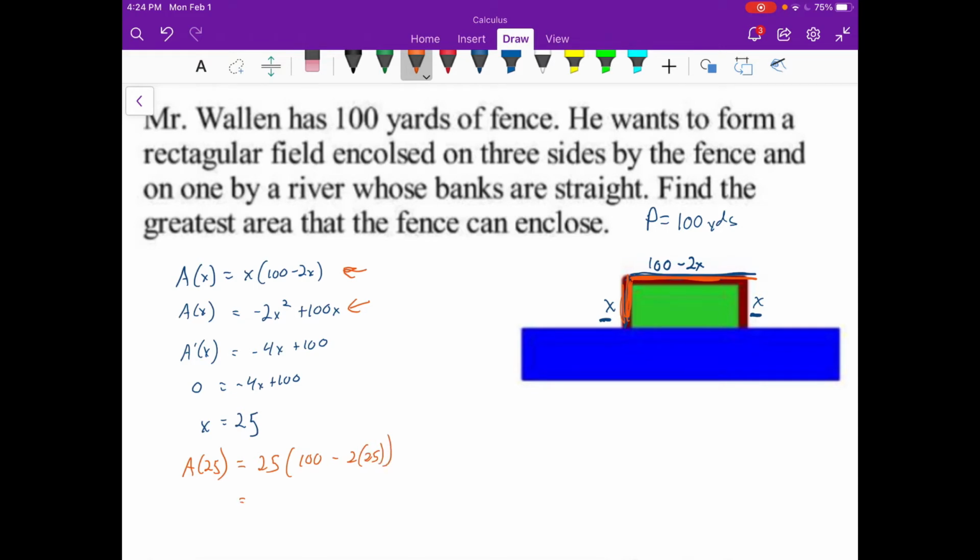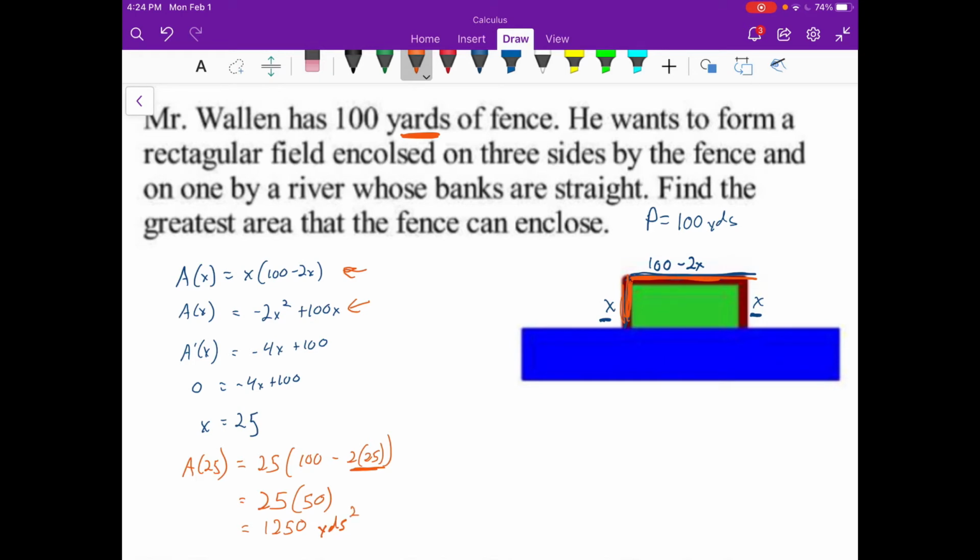Well, this is 25. This is 50. 100 minus 50 is 50. And then 25 times 50 is 1,250. And this was in yards, so the area is 1,250 yards squared.